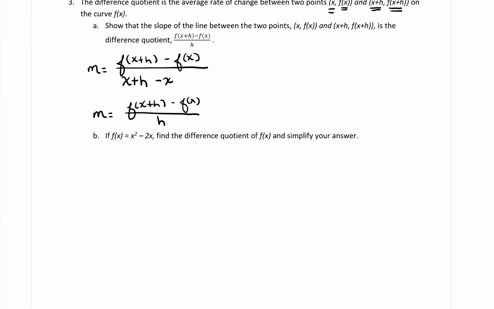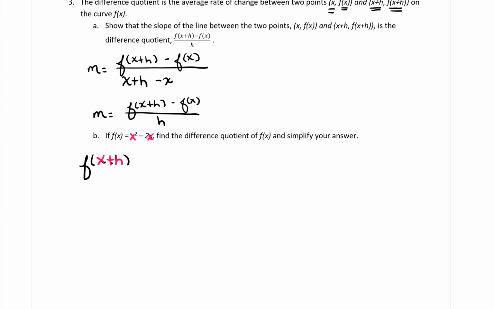Now it tells me if f of x equals x squared minus 2x, find the difference quotient of f of x and simplify your answer. So we're going to plug in x plus h first, wherever we see an x. I think it's helpful if we go in here first.